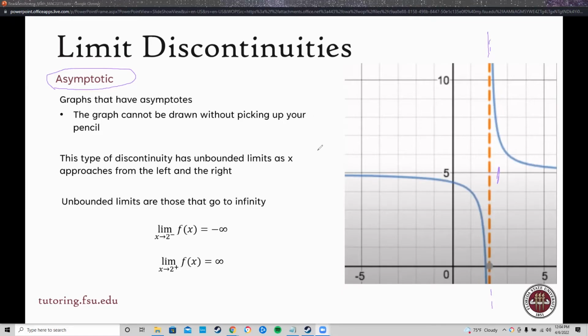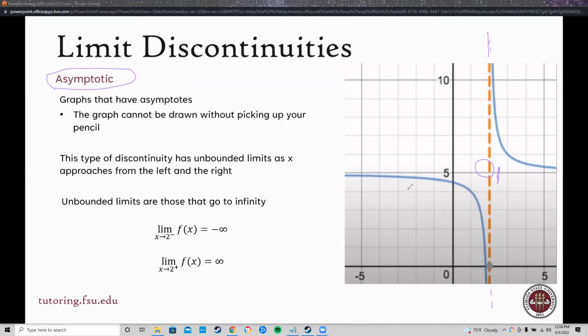And although it gives us an infinite behavior, that doesn't actually mean that the limit has to exist or not exist. You'll see that in a second when we do some examples. Let's ask the question here: what's the limit of the function at x equals 2?